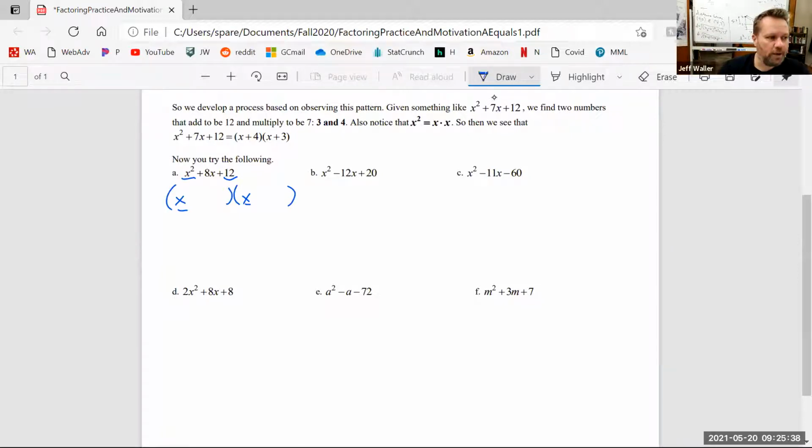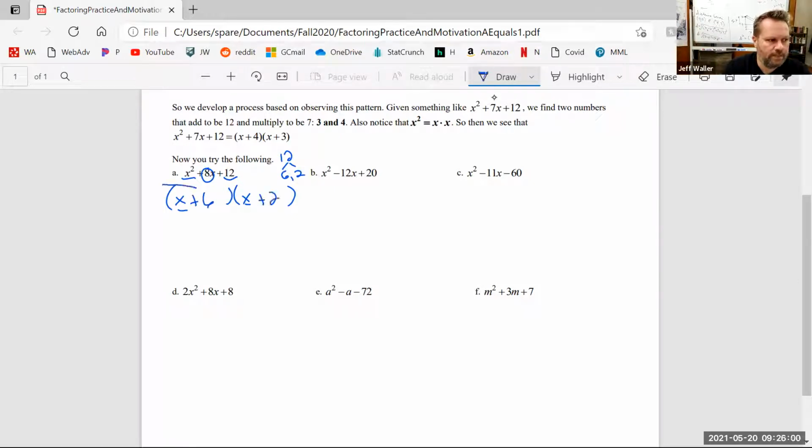But what also adds to be 8? So I want 2 numbers that multiply to be 12 and also add to be 8. What are those 2? I think we did this one. 6 and 2.